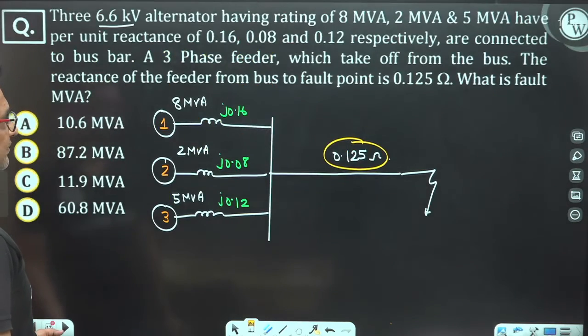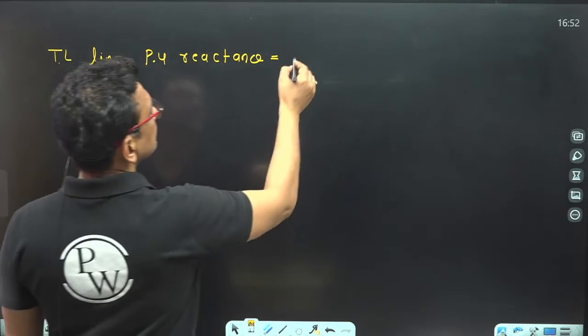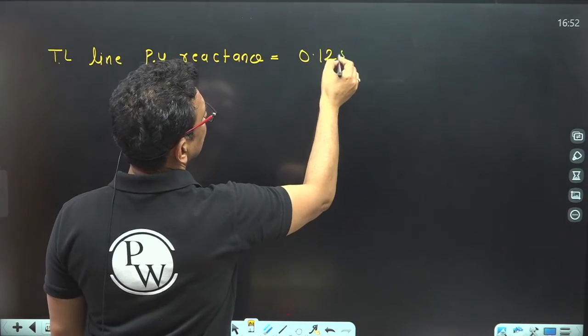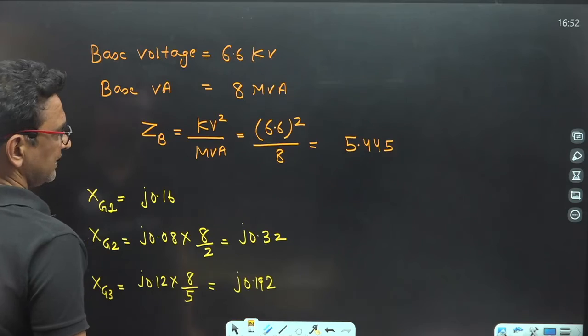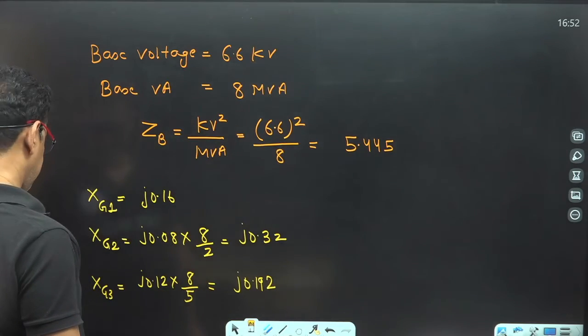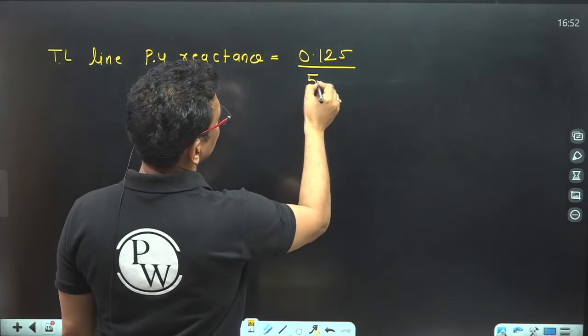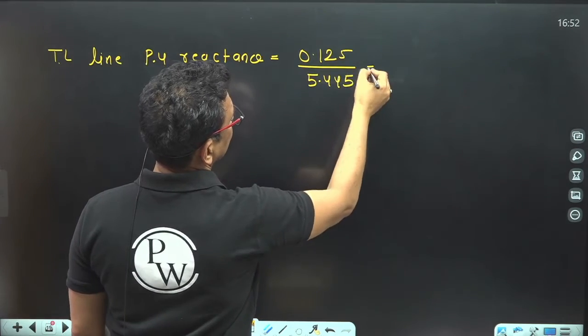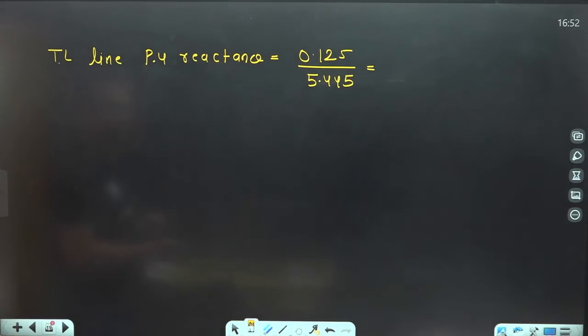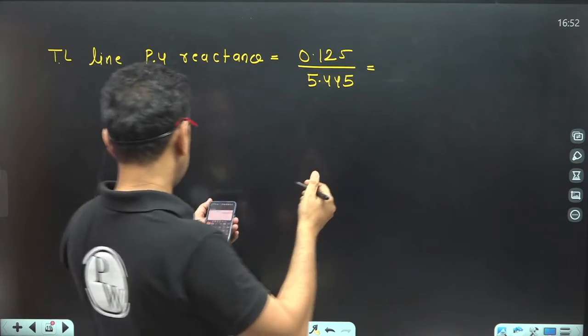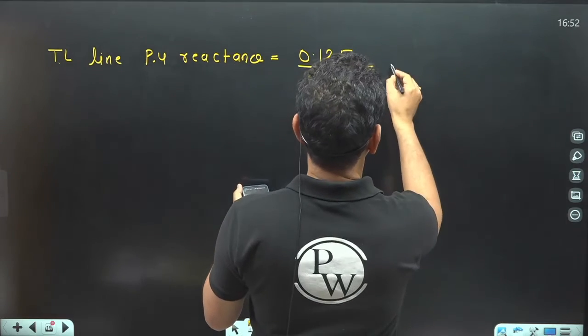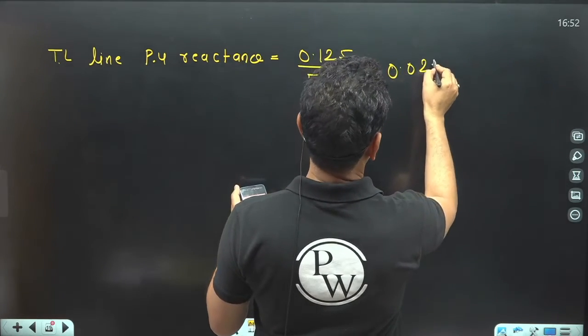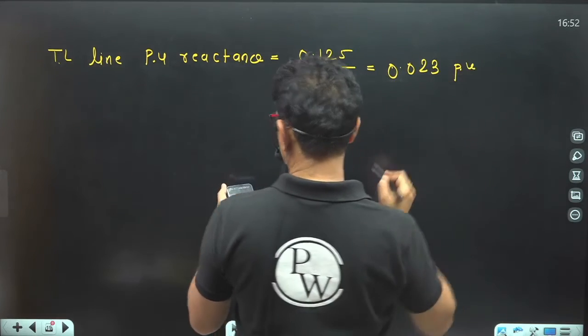The actual value is 0.125, and the base impedance I just found out is 5.445. Clear? 0.125 divided by 5.445 is nothing but 0.023 pu.